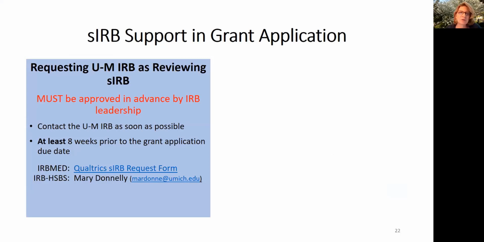So when you're requesting that a U of M IRB function as a reviewing single IRB, as I mentioned, it must be approved in advance by IRB leadership. I will tell you, on the IRB Med side, we have been surprised 2 or 3 times with very, very large studies.